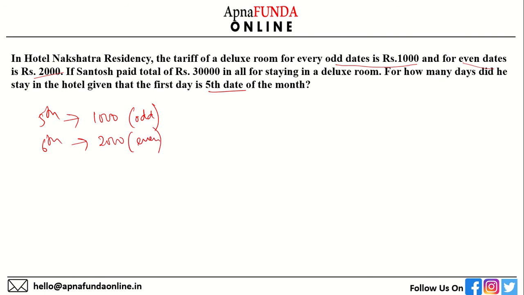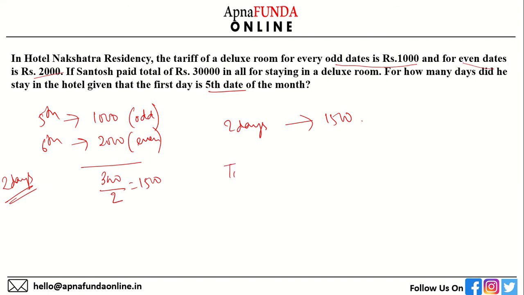Now the average for 2 days will be 1000 plus 2000, which is 3000, divided by 2, which is 1500. So for 2 days the average is 1500, correct?